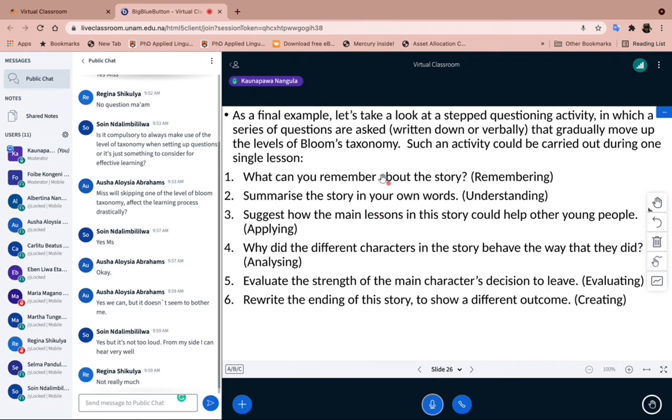For example, what can you remember about the story? This is an activity that every learner can do at the same time. Let's say they are working in pairs, and then you ask them to talk to each other.